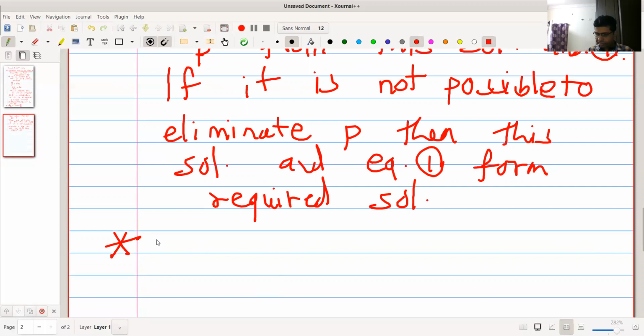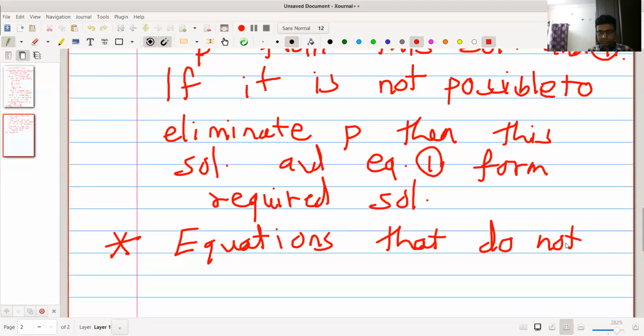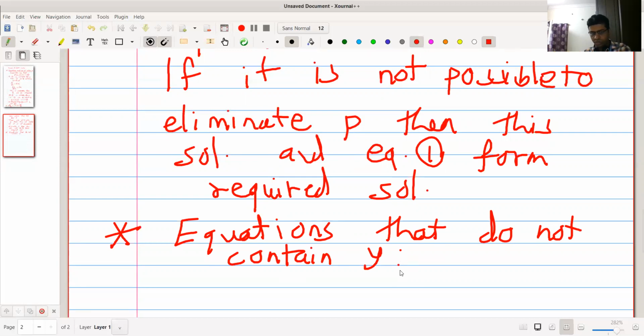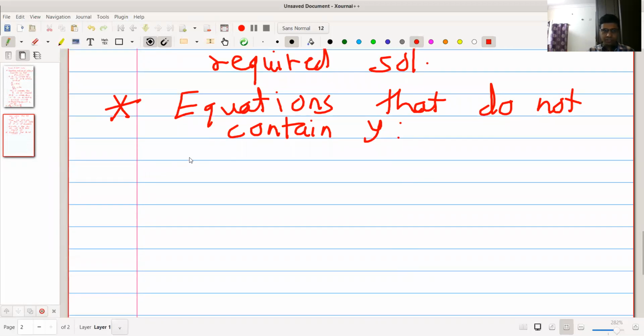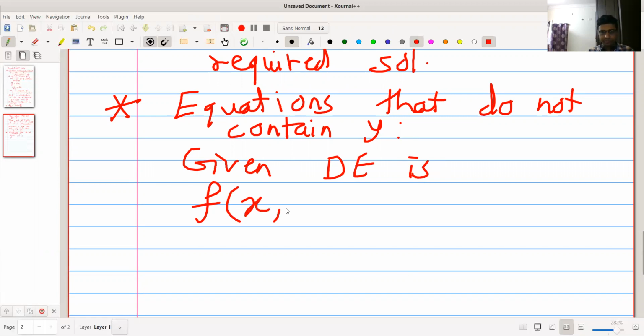Next particular case is equations that do not contain y, which is analogous to this case. So our differential equation is of the form, some function of x and p.